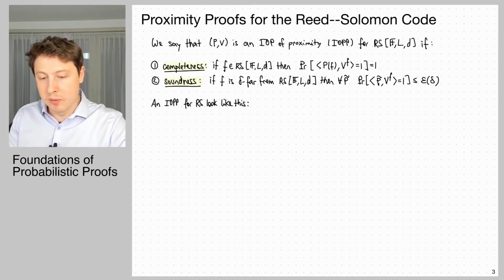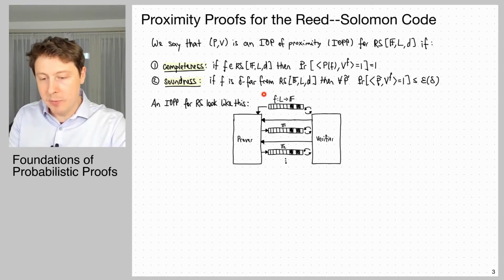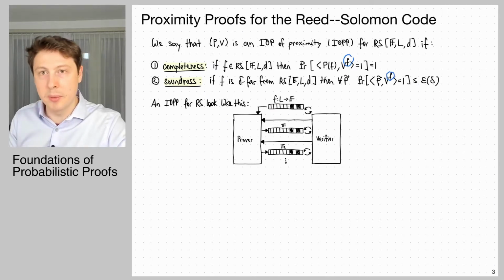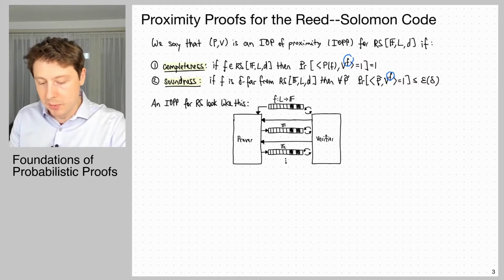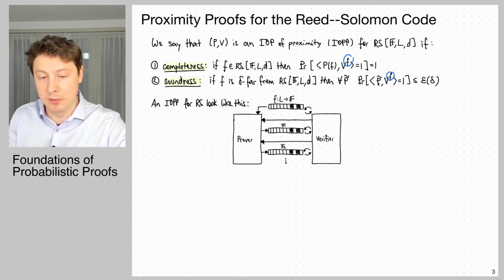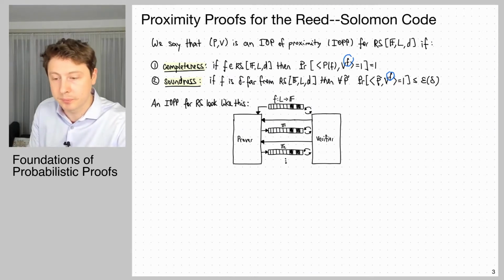And so, pictorially, an IOPP looks like this, right? So this is the fixed object that we're talking about. It's explicit, right? It's right here. So it's not something the prover decides. This is fixed in advance, okay? And then the prover gets to send me whatever he wants as part of the interaction to help me out with these conditions, okay?